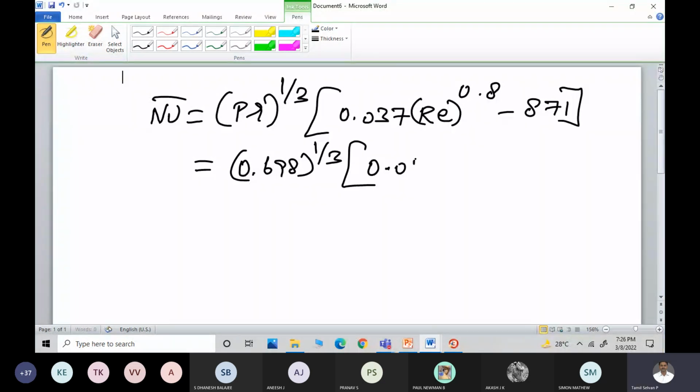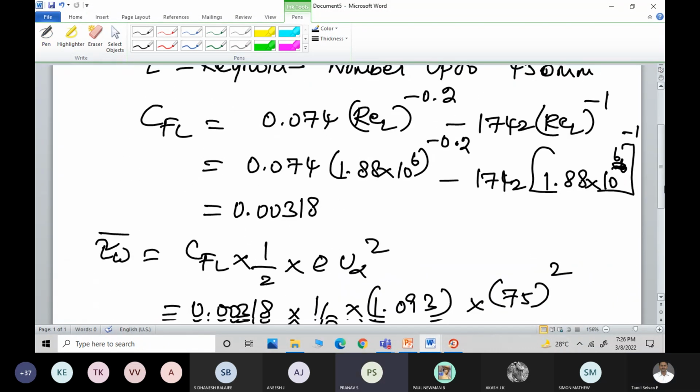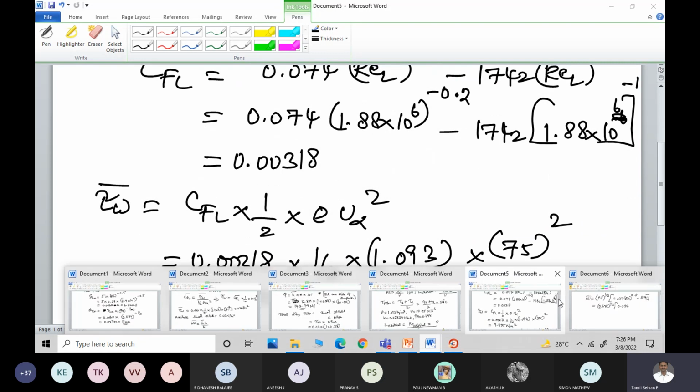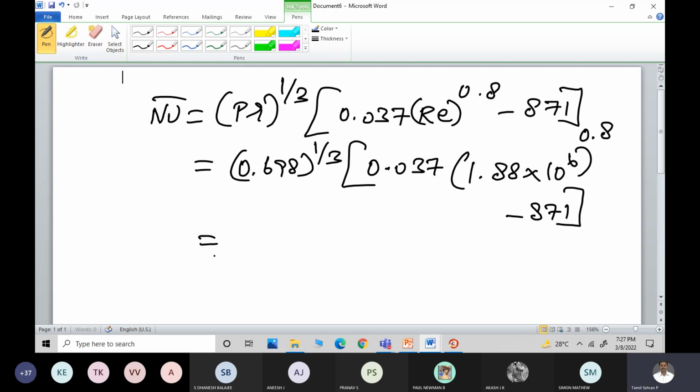It is 1.88 into 10 power 6. I am going back and seeing all the values. 1.88 into 10 power 6, whole power 0.8. Please don't miss it. Minus 871. So what is the average Nusselt number?